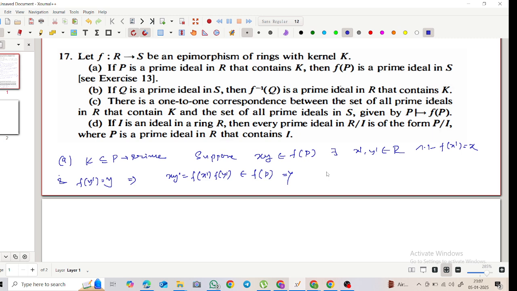Can we see that x prime y prime is in P? See exercise 13.